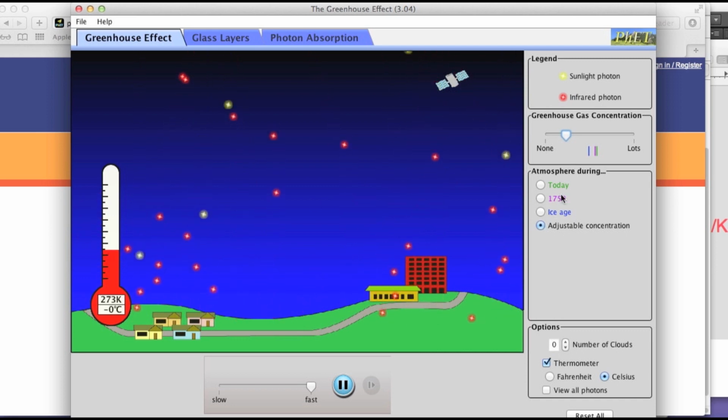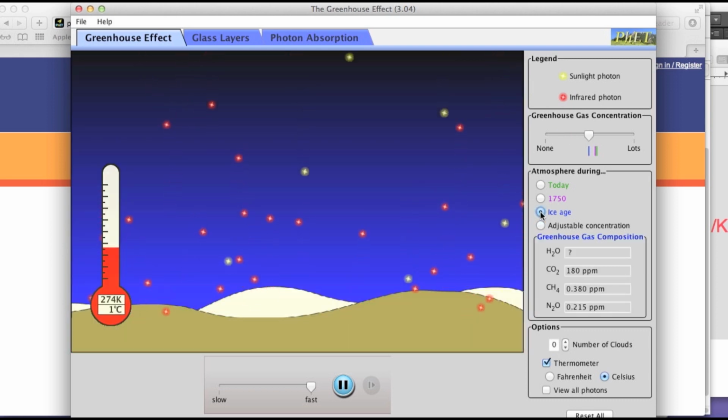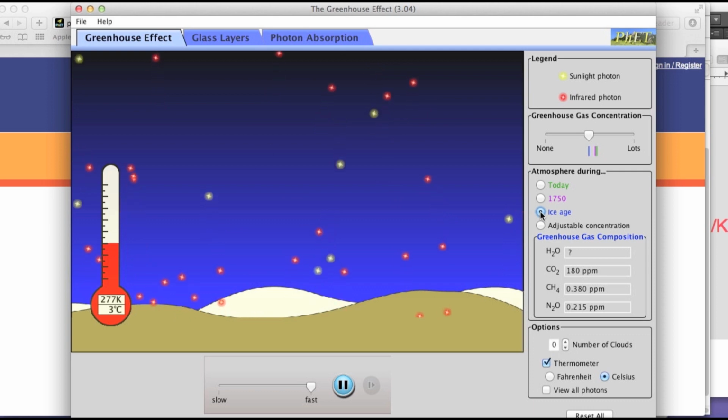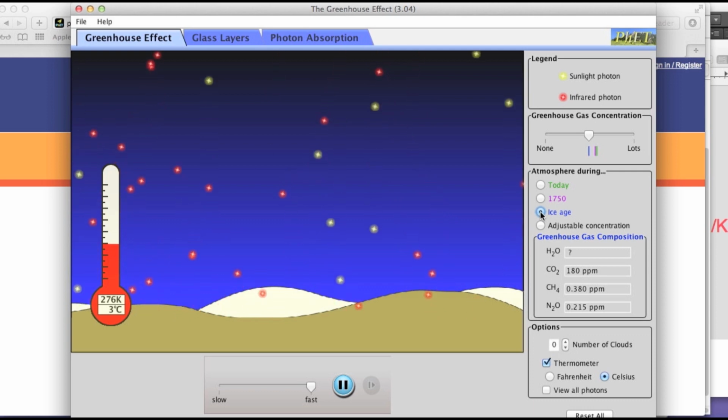We can even take it up to the times that they have, the Ice Age. At the Ice Age it was a frozen world, but not a tremendously frozen world. We still had life on it, and so our atmosphere in this case seems to come up to a temperature of about freezing, near 33 degrees Fahrenheit, 1 or 2, 3 degrees Celsius.